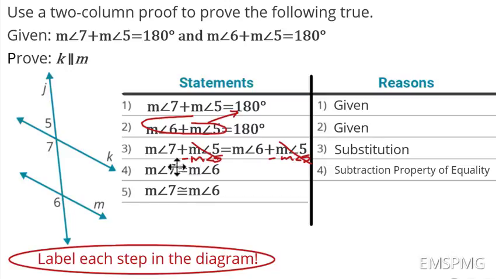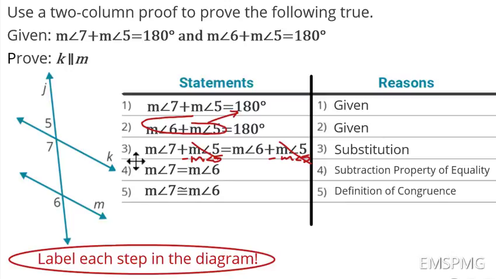Well, I just had that they were equal. So now I need to say that they're also congruent. If they're equal, then they're congruent. There's a simple little property that lets me say that. Anytime that two things are equal, they are also congruent. That is called the definition of congruence. This is widely used. Get used to this one. It's going to be everywhere, anytime you want to go from an equal sign to a congruent sign.